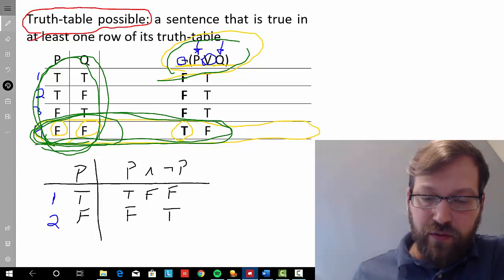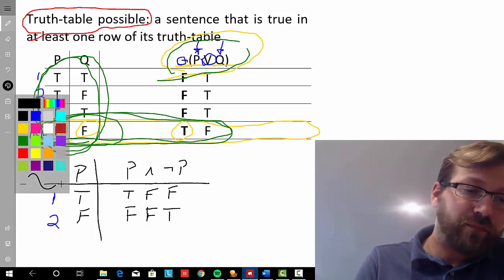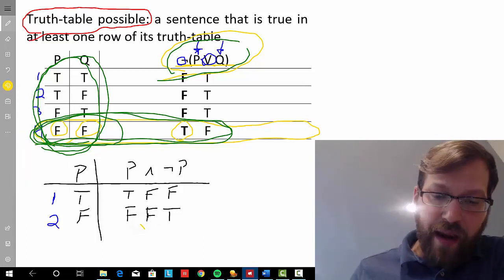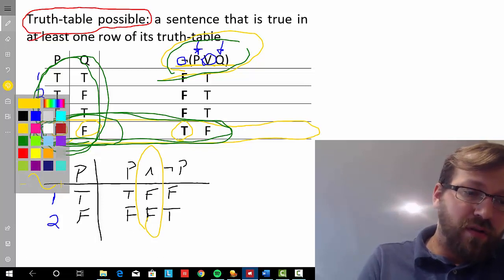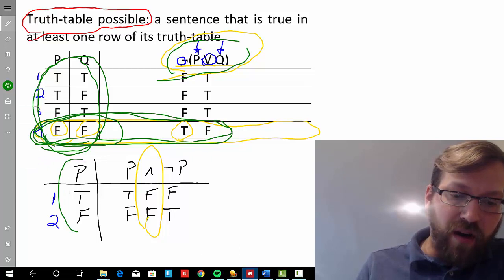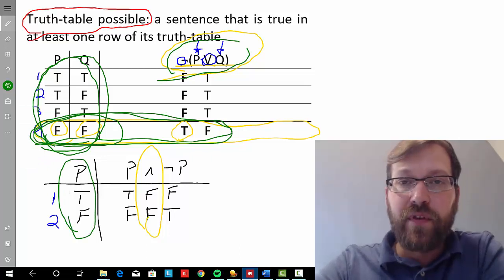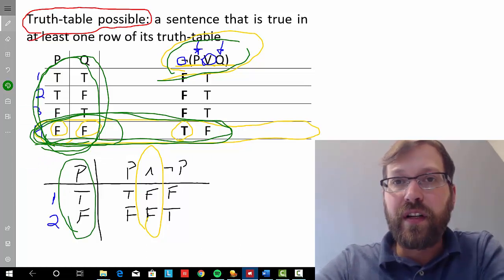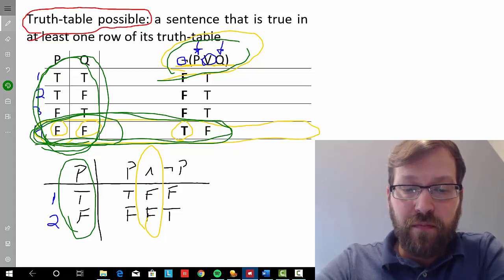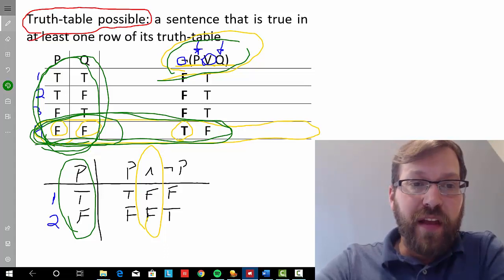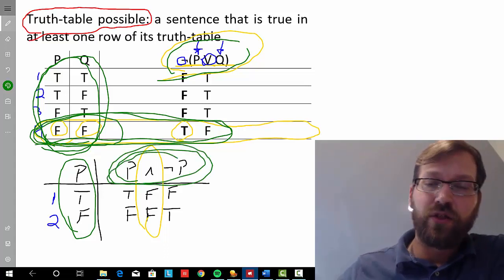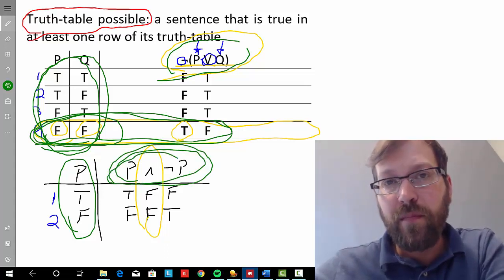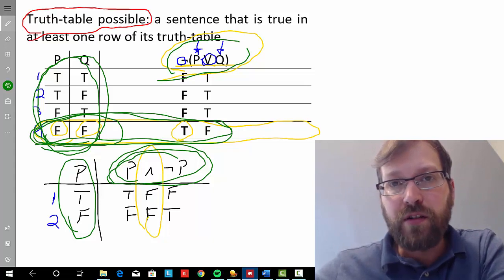So even though the other one is true, we know that this is going to get the value false. And now we have no row in which there is a T. They're all F's. So that tells us that this sentence isn't truth table possible. It's truth table impossible or truth table contradictory.